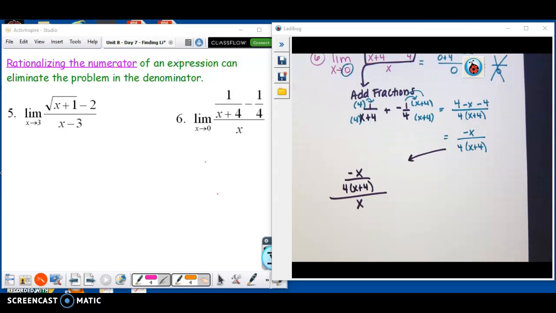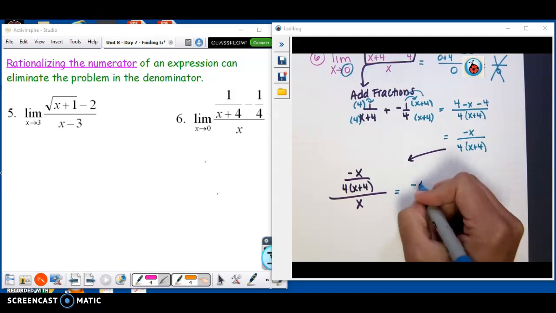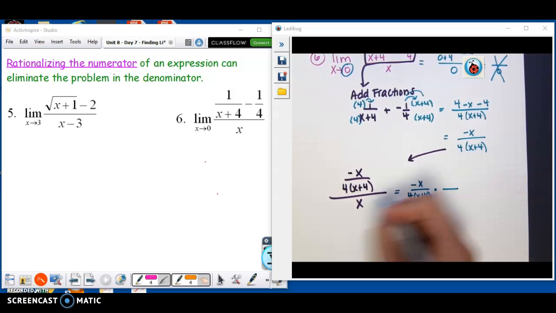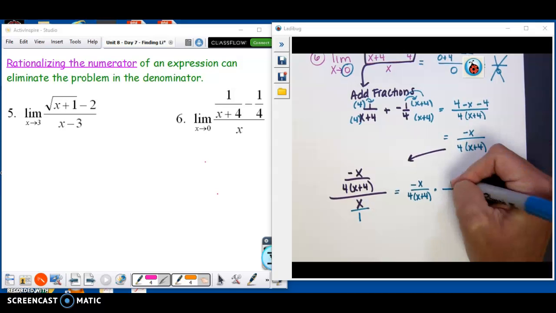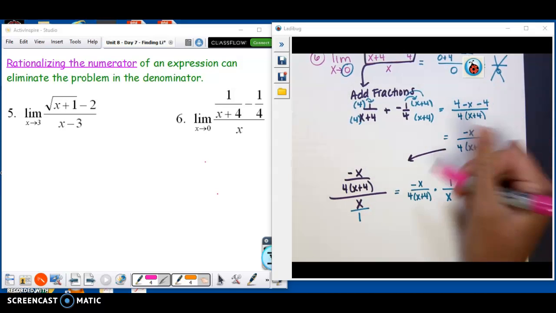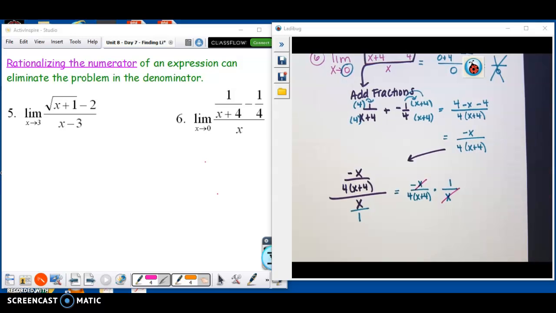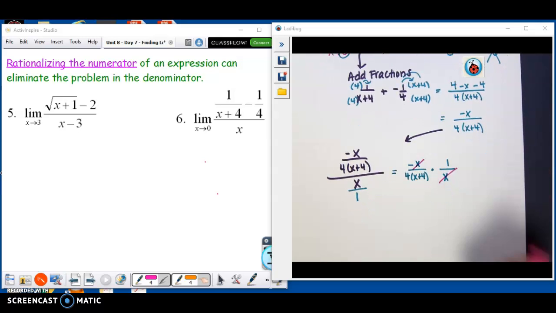So I'm going to do same change flip because we have a fraction divided by a fraction. Think of this as x over 1, so we'll make it 1 over x. That'll allow those x's to cancel. Remember, the goal is to get something to cancel. So we're left with negative 1 over 4 times x plus 4.